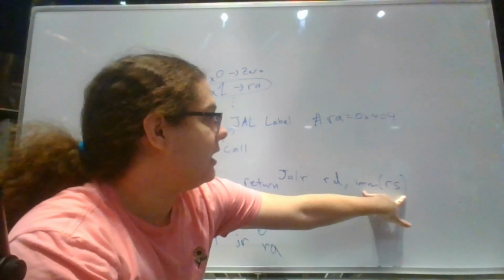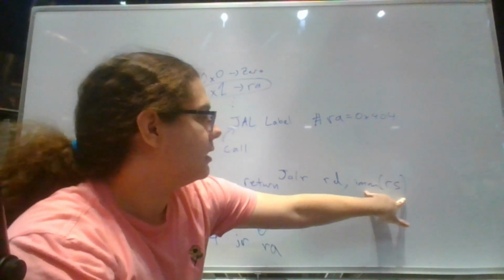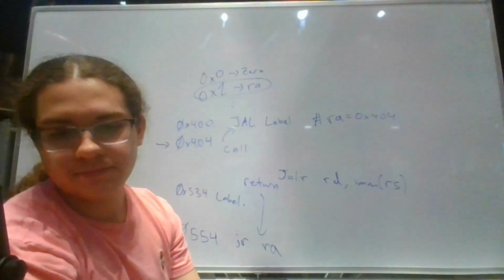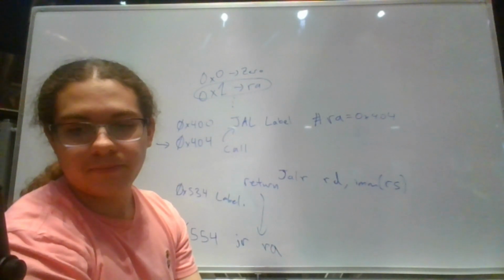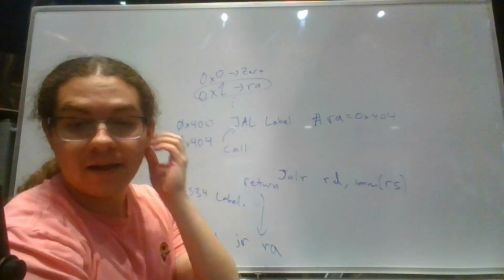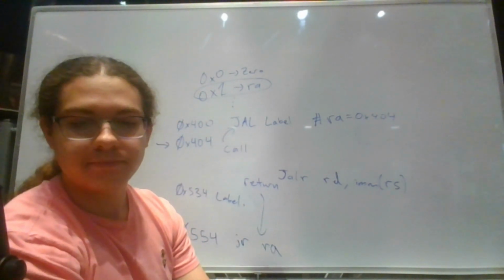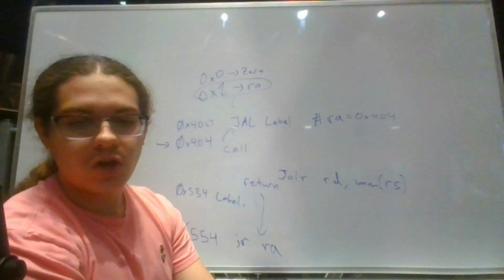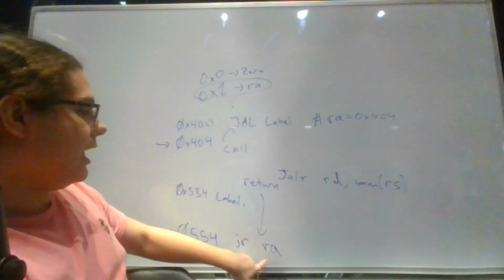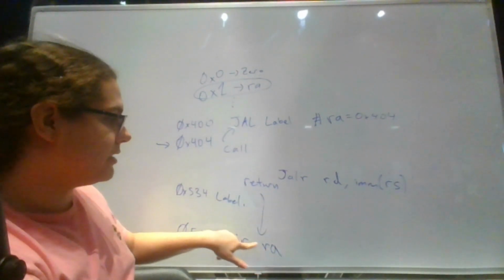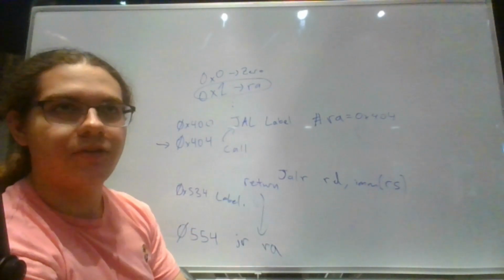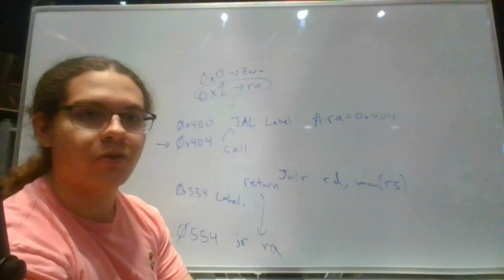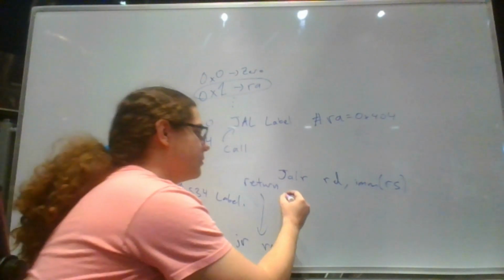You're going to be taking this value here, this immediate plus RS, and what you're going to be doing with it is that is where you're going to be jumping. So here, if this pseudo instruction was translated into its non-pseudo instruction or correct instruction counterpart, it would look like this.